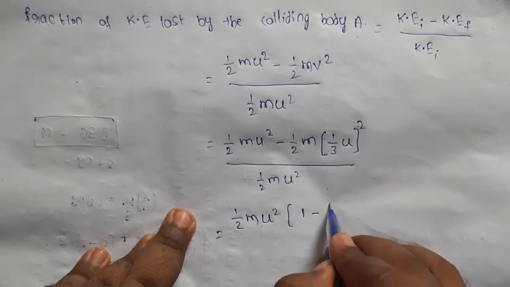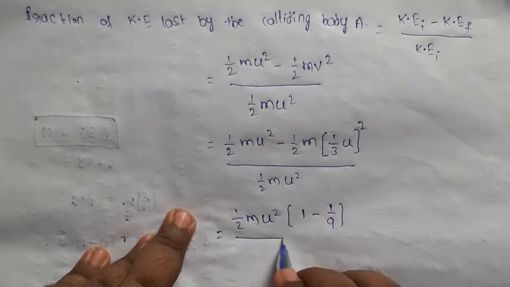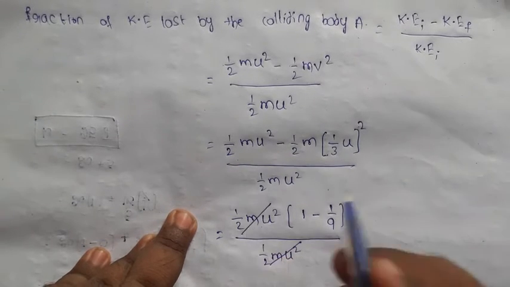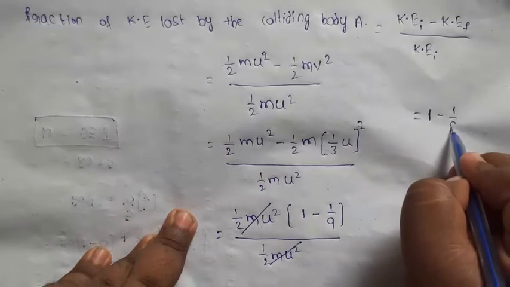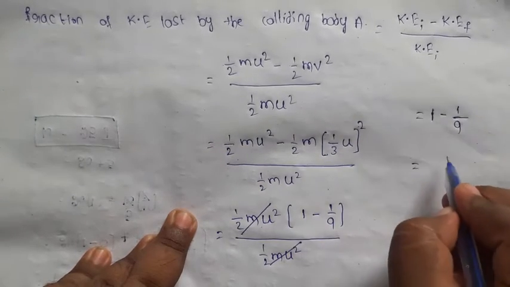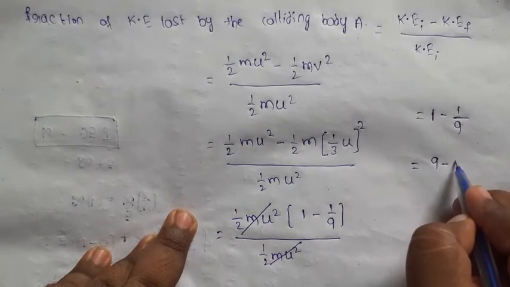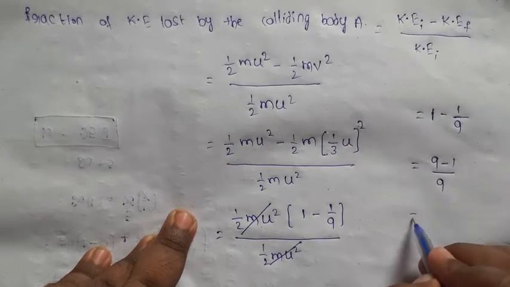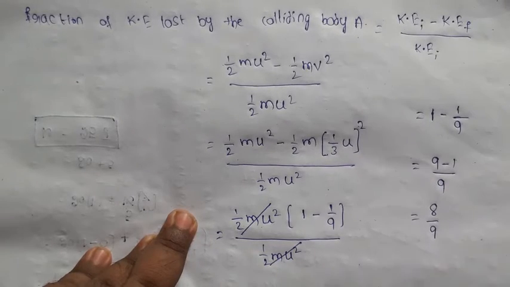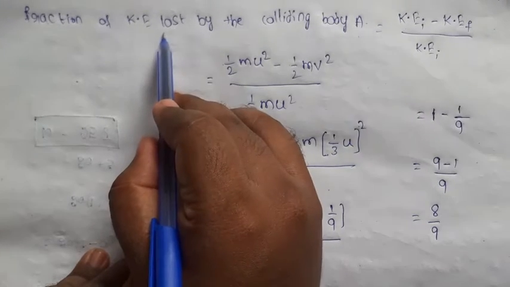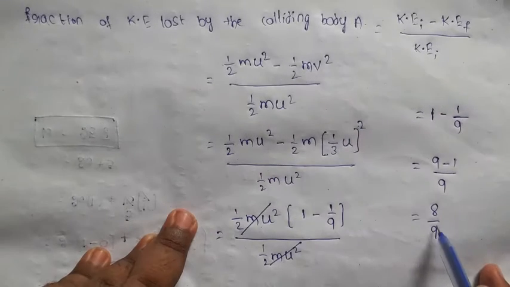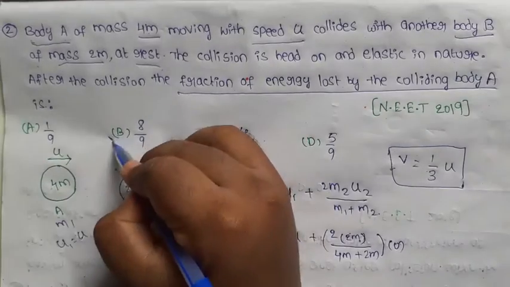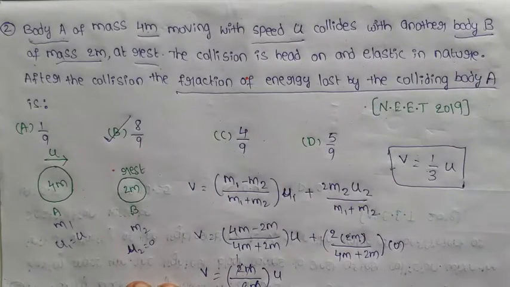So 1 minus 1/9 gives 8/9. The fraction of kinetic energy lost by the colliding body A is 8/9. See the options. Option B is the correct answer, 8/9.